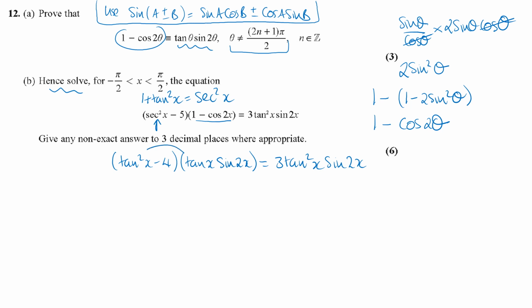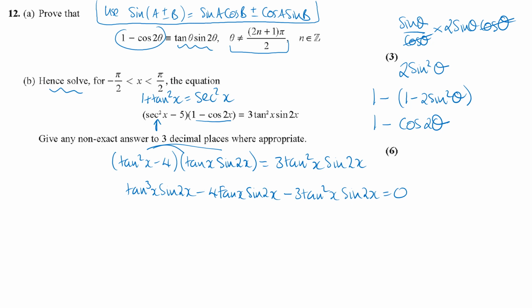Now if we multiply this bracket out, you're going to get tan cubed x sine 2x minus 4 tan x sine 2x, and bring the 3 tan squared sine 2x over would be minus 3 tan squared x sine 2x is equal to 0, and then we can factorize.